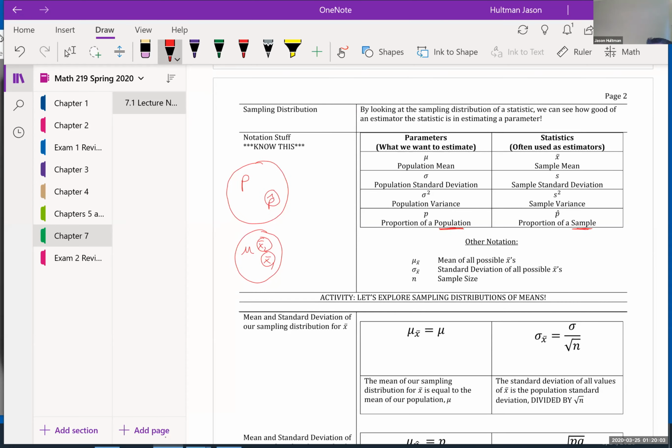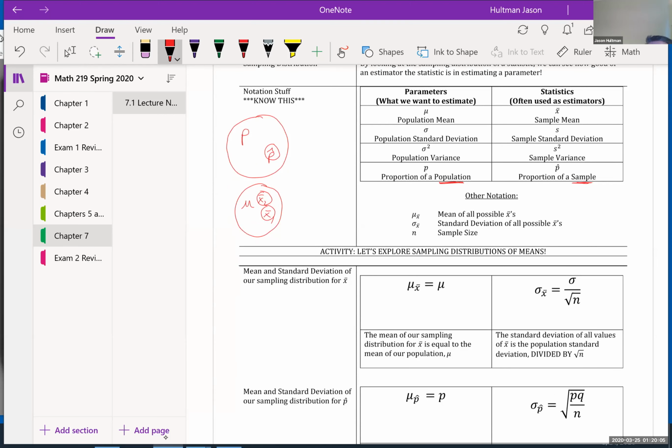Other notation that we need to be aware of: mu of X bar is the mean of all the possible X bars. So if I do X bar 1, X bar 2, X bar 3, and I just keep grabbing these sample means, then the average of the averages, the mean of all possible X bars, we call mu X bar.